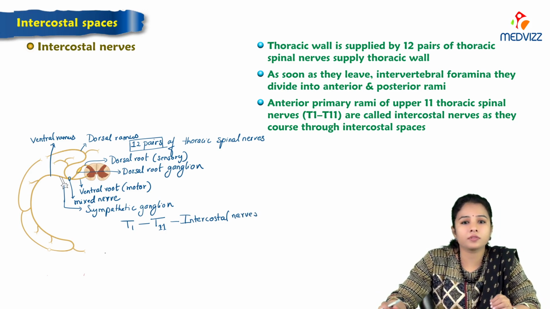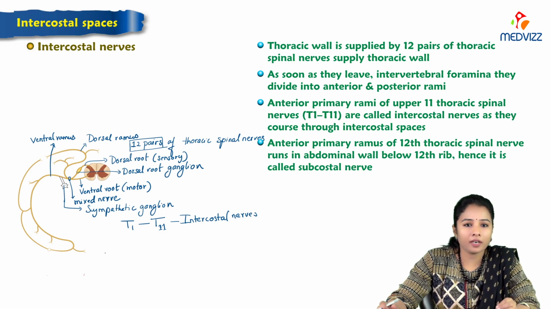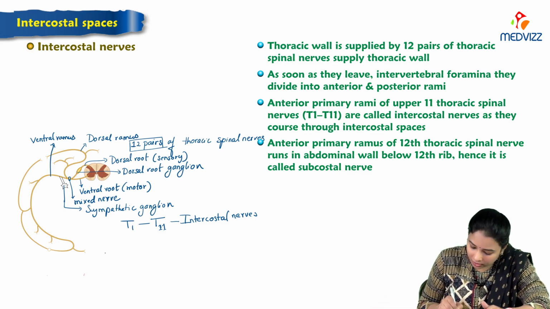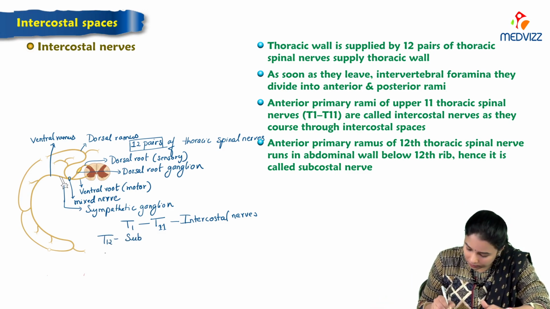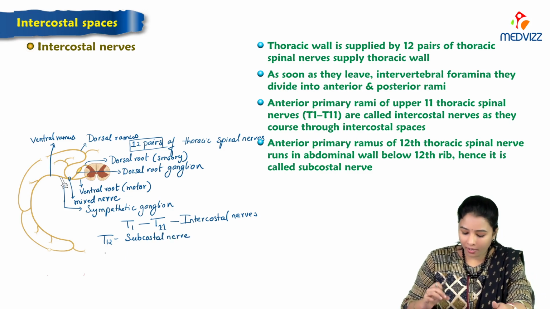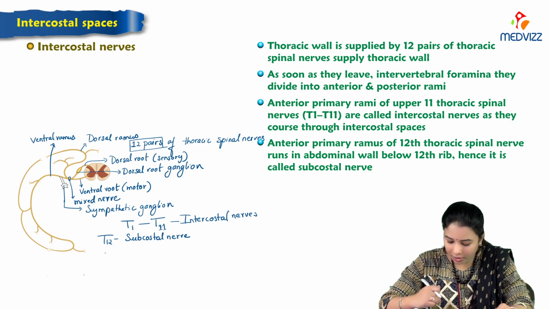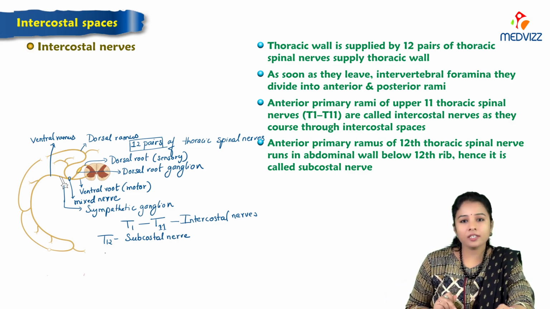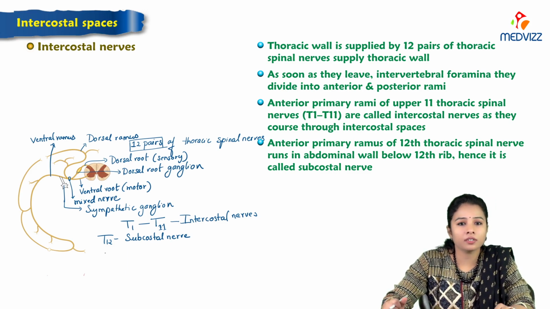The anterior primary ramus of the 12th thoracic spinal nerve runs in the abdominal wall below the 12th rib, so it is considered the subcostal nerve. So T12 is the subcostal nerve. I hope it is clear. T1 to T11 are intercostal nerves and T12 is the subcostal nerve.